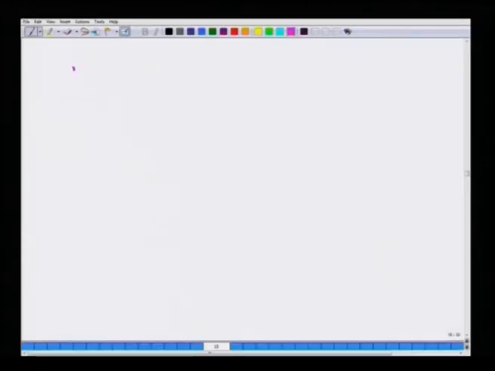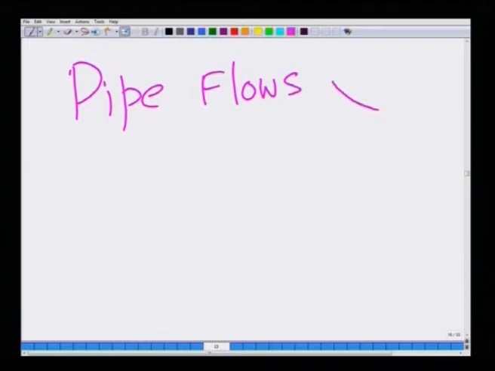Now, I am going to go to a new topic, that is pipe flows and losses. We are going to focus on pipe flows and the losses encountered in pipe flows, okay, and so on.